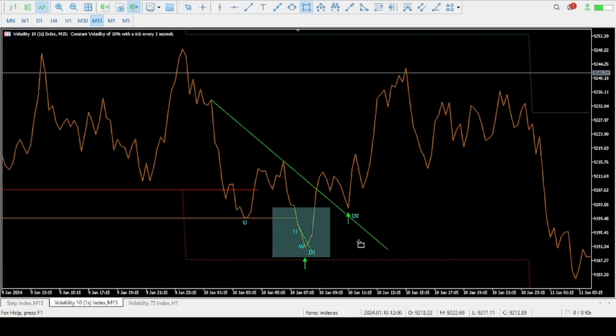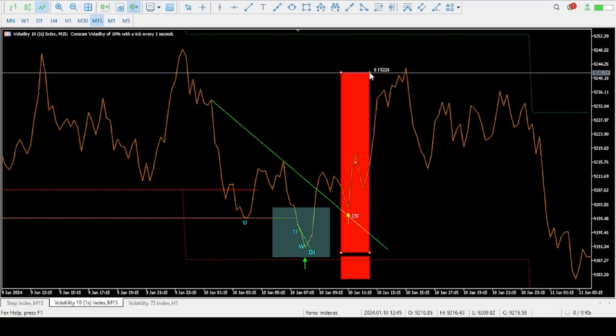Now since we got this low, say our stop loss was this low and our take profit would have been going up here. We are trading against the trend, so we must be very strict and come out early, because this is where we had a point of reference for our strategy.